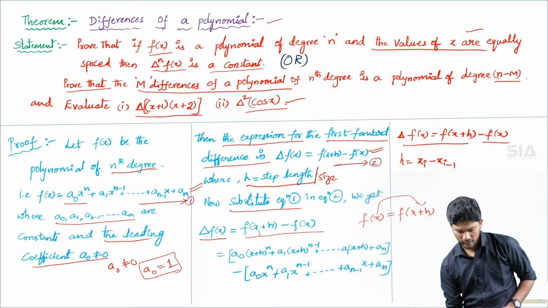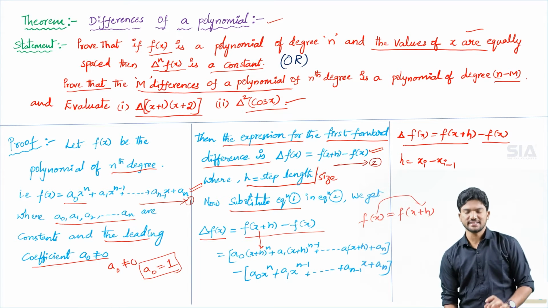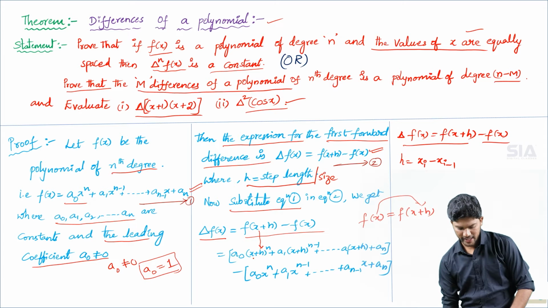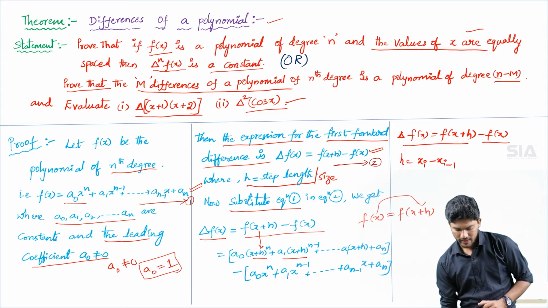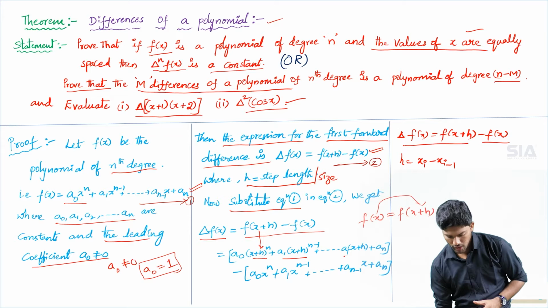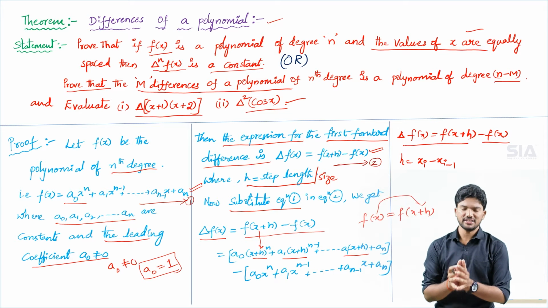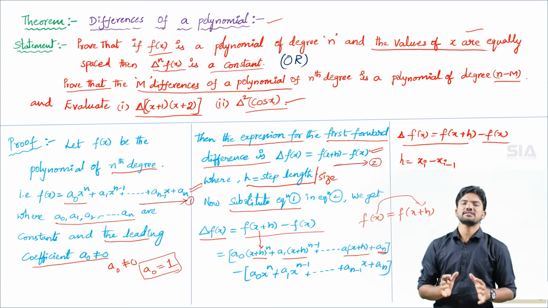So f of x plus h means you can write a naught, the leading coefficient, and in place of x, x plus h whole power n, plus a1 into x plus h whole power n minus 1, plus and so on up to a1 into x plus h, plus the last term, the constant term a suffix n.